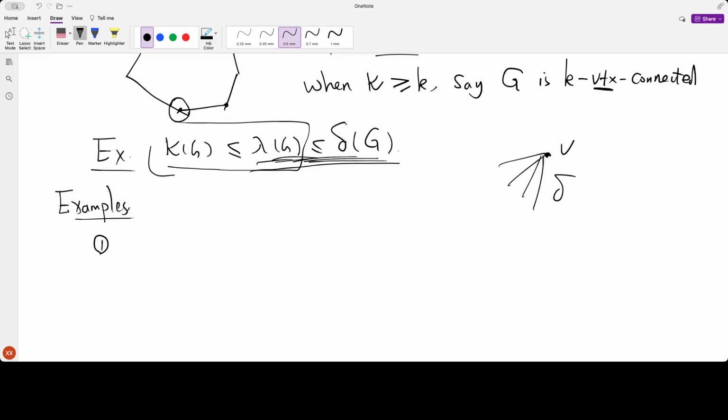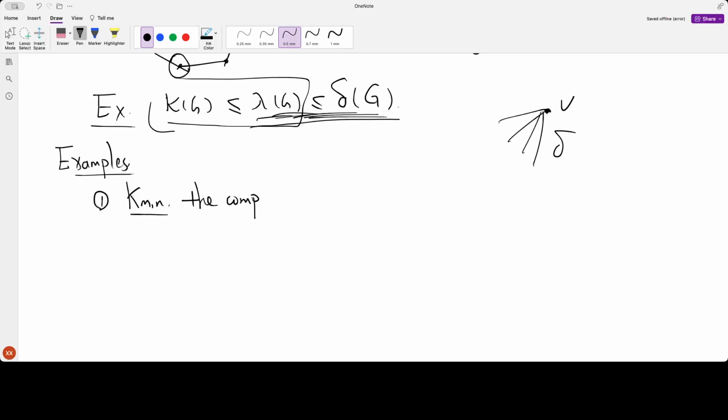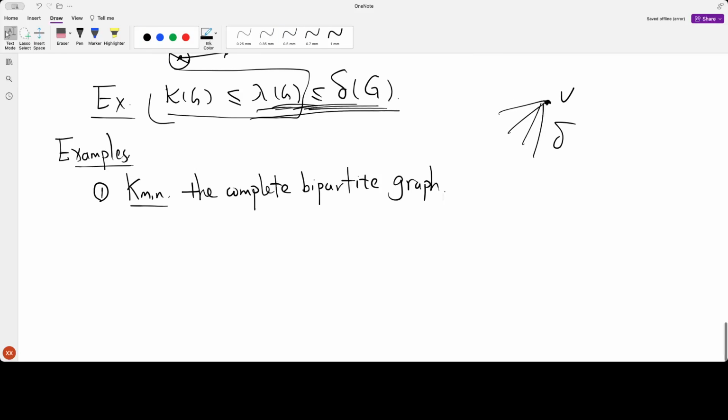So first of all, the complete bipartite graph, K_{m,n}. I would like to ask you, what is the connectivity of it?